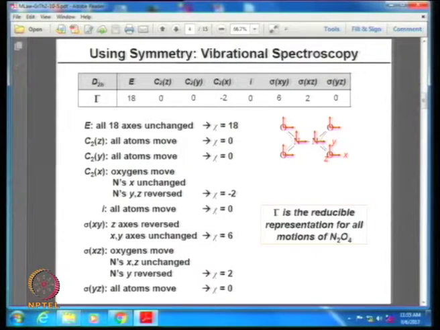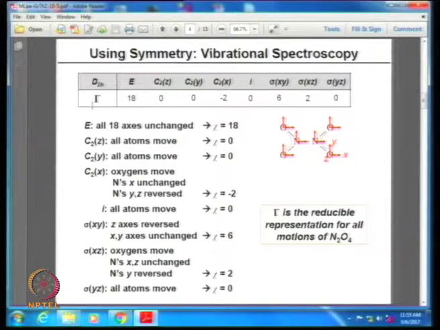After the rotation, the X of the two ends are not changed, but the Y and Z are reversed. So under a 180-degree rotation, this C2, it is C2, the fate of X.